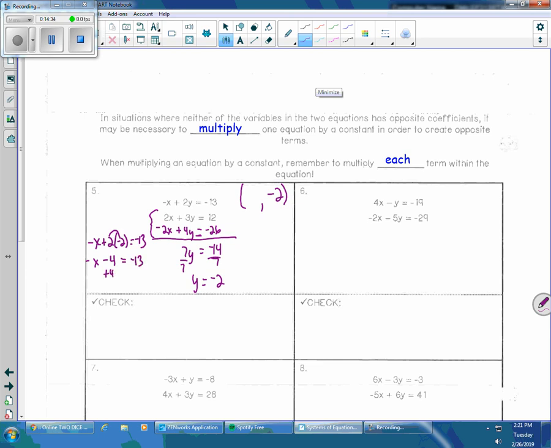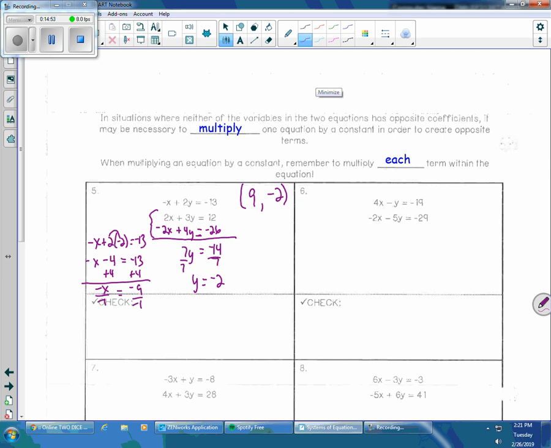Add 4 to both sides. And -x equals -9. Now I don't want -x, so I'm going to divide by -1. And x equals +9.